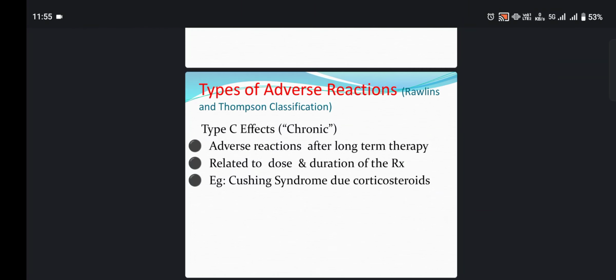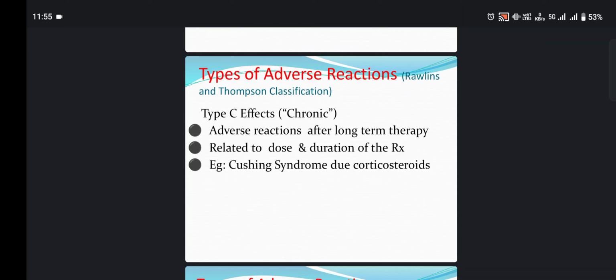So next comes the main categories, like type C effect, that is chronic. Adverse reactions after long-term therapy. In this case, the adverse reaction is due to the long-term use of a particular drug.